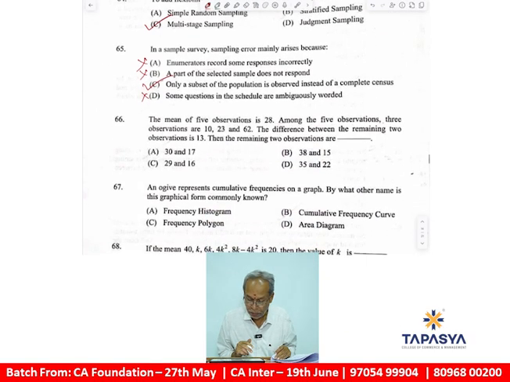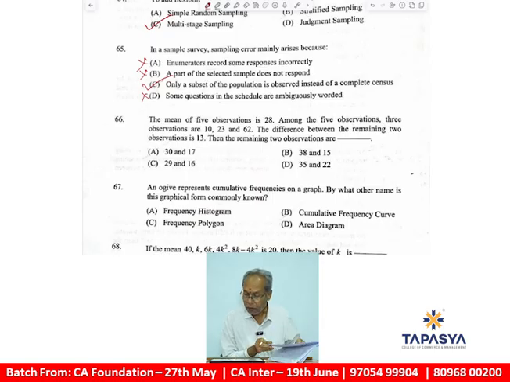Next, the mean of the first 5 observations is given as 28. Among the 5, 3 observations are 10, 23, 62.